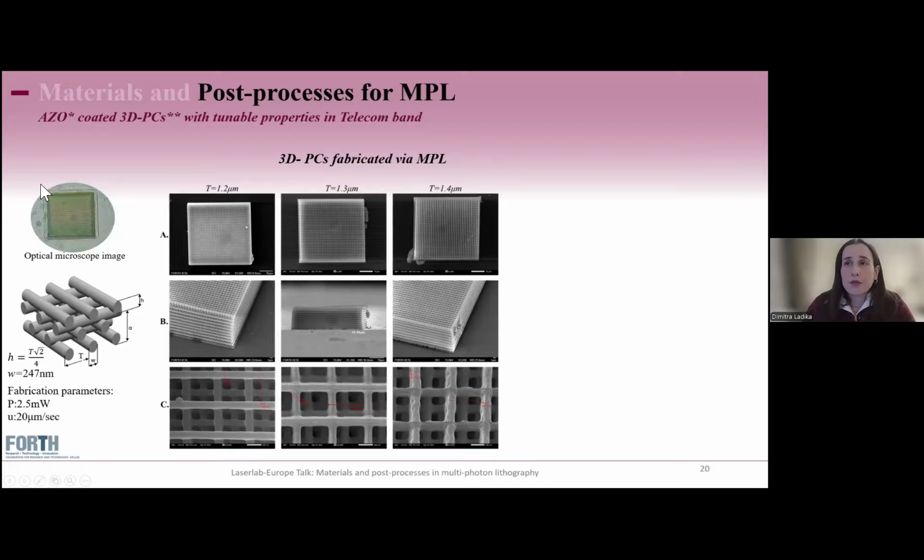And what was interesting for us, as 3D photonic crystals, although their geometry can be achieved, to really have photonic band gaps is not so straightforward. From this optical microscope image, we saw this vivid yellow color, which means that the incident light of the microscope is reflected by the structure.